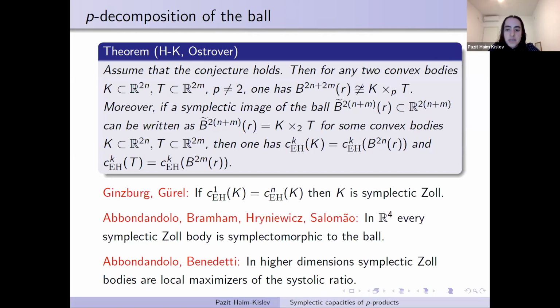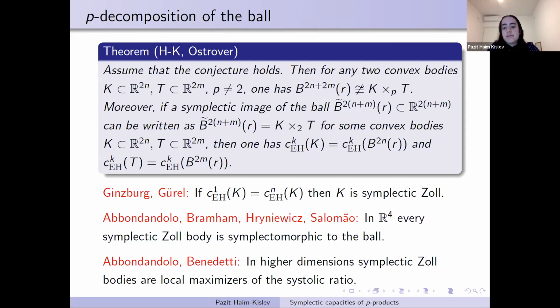So why do we suspect that if you have the same capacities as the ball, you are a ball? It is because if all n higher order capacities are equal, then you are a symplectic zone, which is saying that through every point you have a closed characteristic with minimal action, and a ball satisfies that.